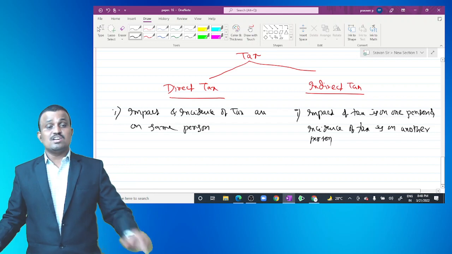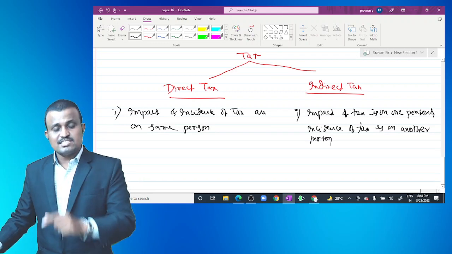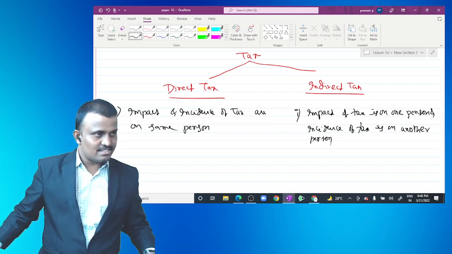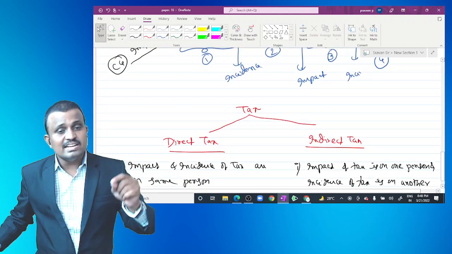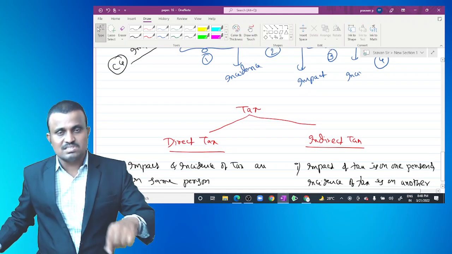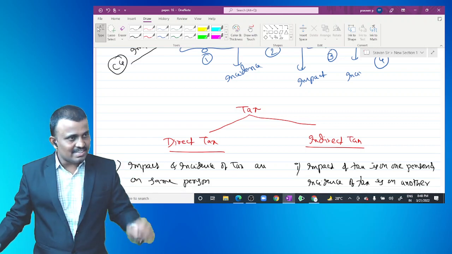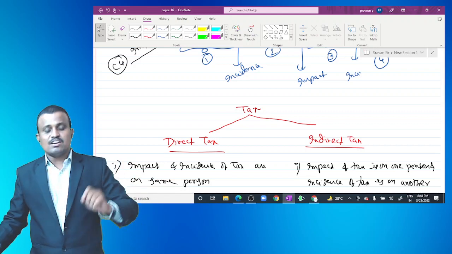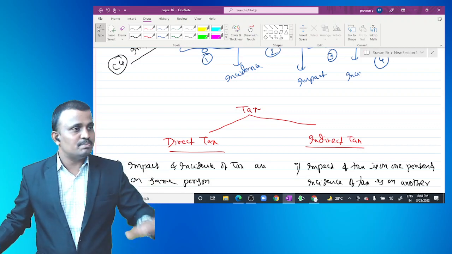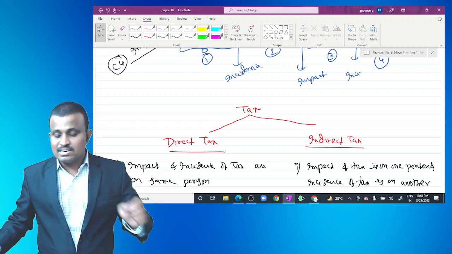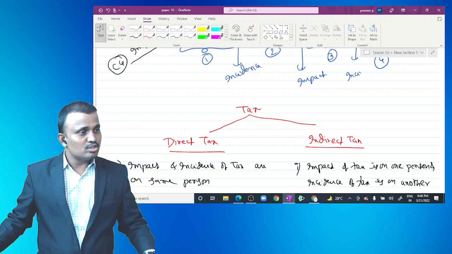That is said to be an indirect tax. If the impact and the incidence are both on the same person, the tax is a direct tax. If the impact is on one person and the incidence is on another person, the tax is said to be an indirect tax.